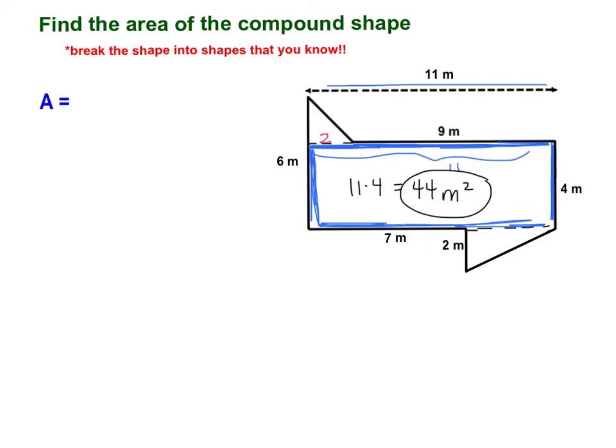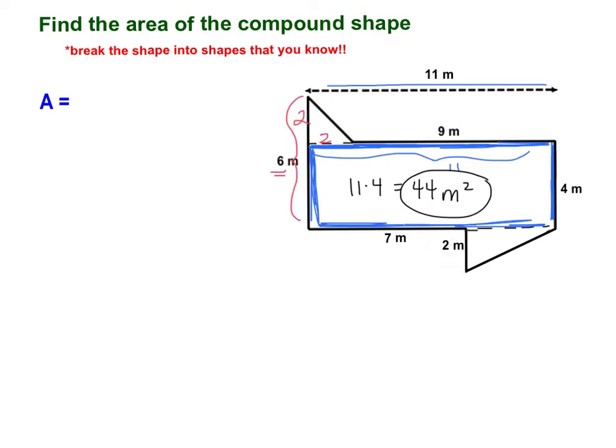But you need to recall this whole entire thing here is 6. So if this is 4 and the whole thing is 6, that means this little section can only be 2. This triangle right here, my base is 2, my height is 2. So let's go ahead and do this other one.